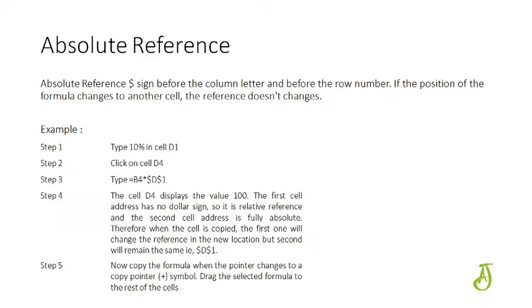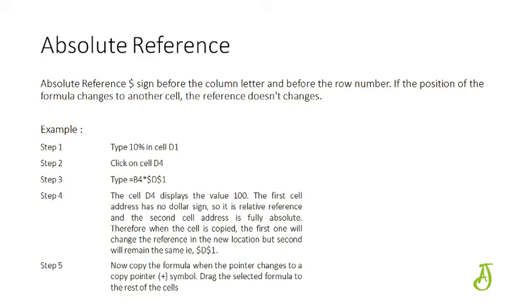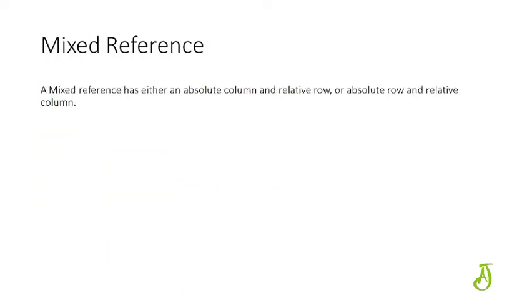Absolute references. An absolute reference has a $ sign before the column letter and before the row number. If the position of the formula changes to another cell, the reference doesn't change. Please find the difference between these two. In a relative reference, the reference changes. In an absolute reference, the reference doesn't change.